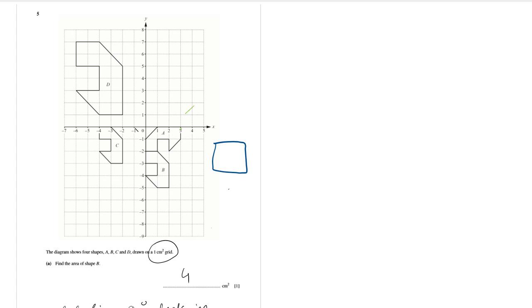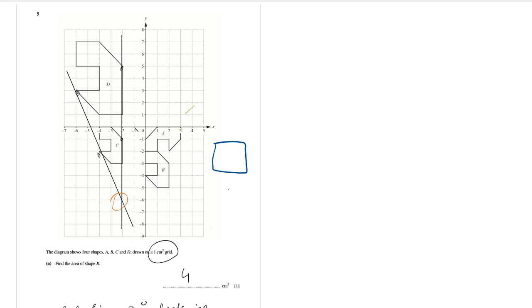For finding the center, you can join any two similar corners and extend the line. And you can take any other two corners. I am taking these and extend the line. So I think this is the point of enlargement, center of enlargement. That is minus 2 comma minus 6.